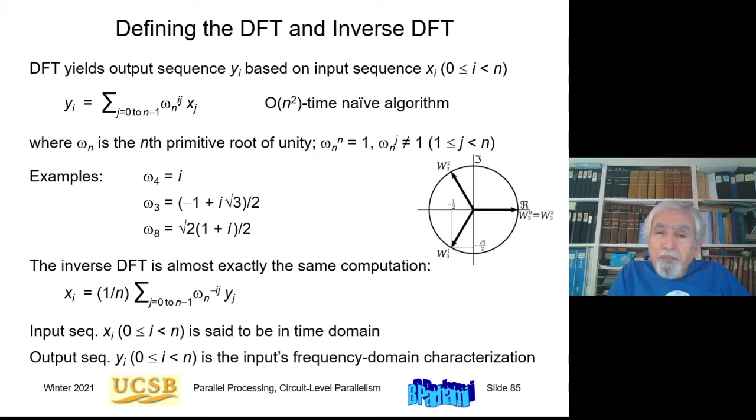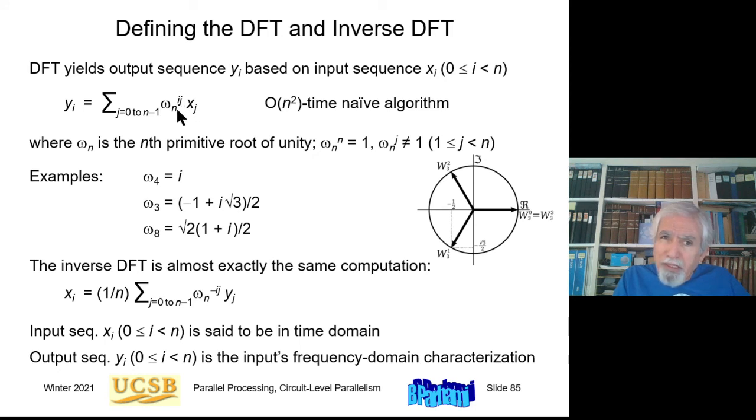Okay, so DFT is defined as follows. These are the inputs, the x's, these are the outputs. Each output is a weighted sum of all the inputs. So each of the inputs is multiplied by a weight, and that weight is some power i times j of omega n, which is a constant. I'll show you what that constant is. So there's some constant that is raised to some power i times j, and that resulting value is multiplied by xj.